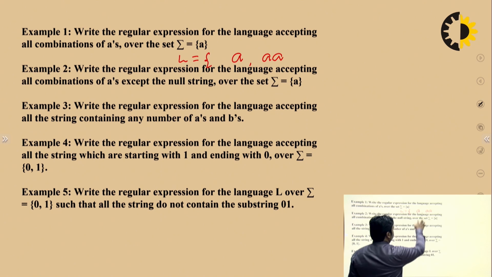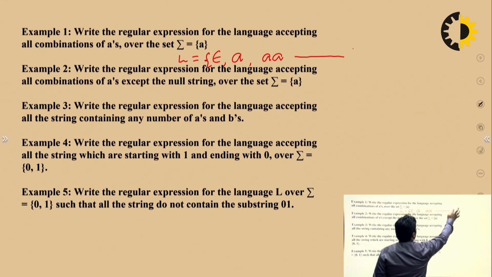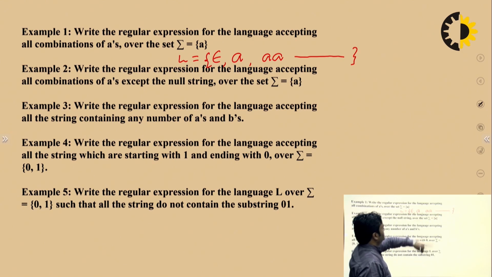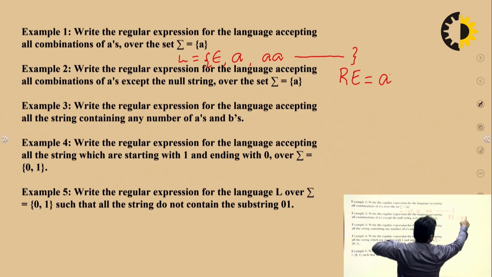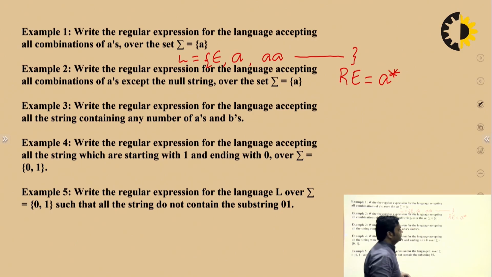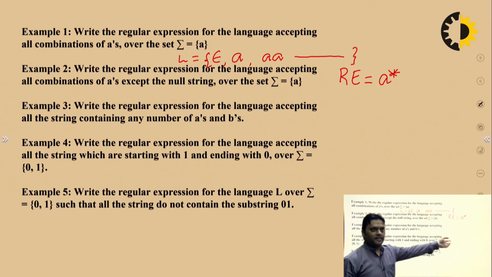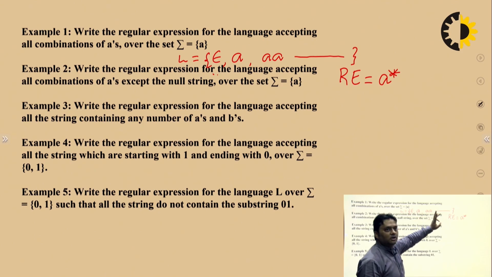It will be epsilon. So the language accepts epsilon, and so on. The regular expression for this is A star. The combination of A's is the occurrence of A. If the occurrence of A is 0, then epsilon will be accepted. If the occurrence of A is 1, then A will be accepted, and if it is 2, then AA will be accepted, using this regular expression.